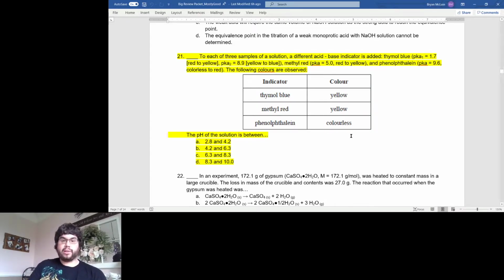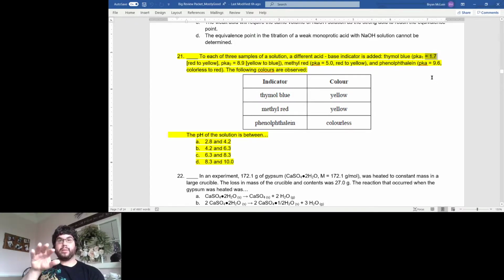So they tell us that we have some kind of solution, and we're adding in indicators to try to narrow down what the pH is. They tell us this about what they observe. So the thymol blue is turning yellow when they add the thymol blue to this compound. So that means that its pH is going to be greater than 1.7.